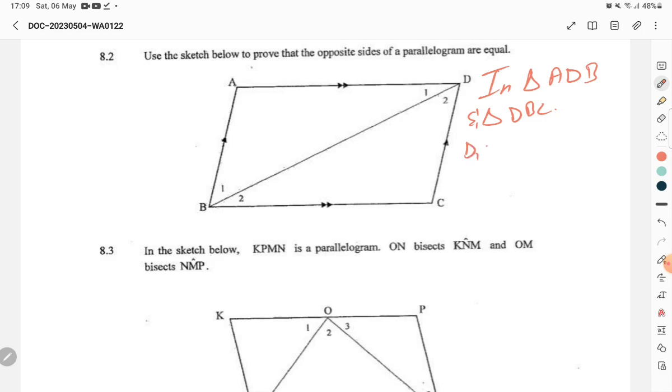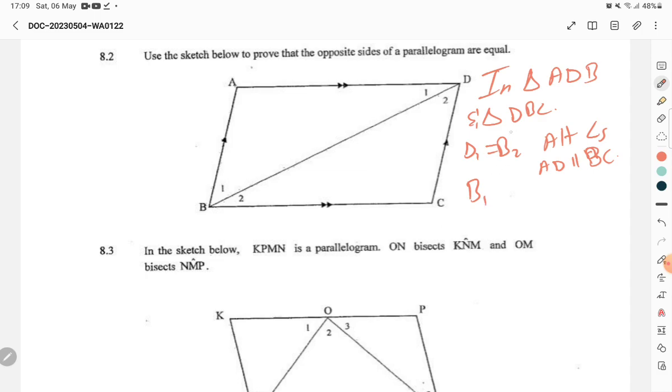D1 is equal to B2. Reason: these are alternate angles, because AD is parallel to BC. We can also talk about angle B1.